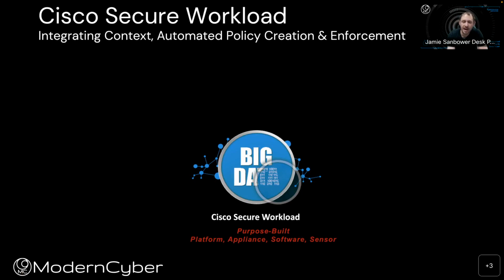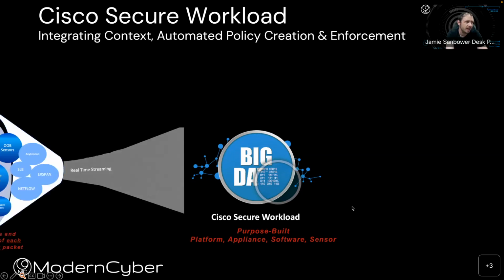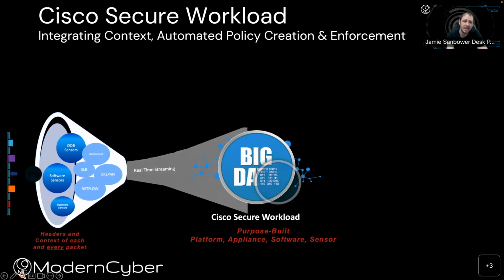The reason why I personally think Secure Workload is one that really can help with your Zero Trust journey is it's going to start by collecting a lot of context and data. And how it does that is it uses virtual sensors, so software sensors, hardware sensors, and can even pull context into the real-time streaming flows into the back-end Cisco Secure Workload big data store.